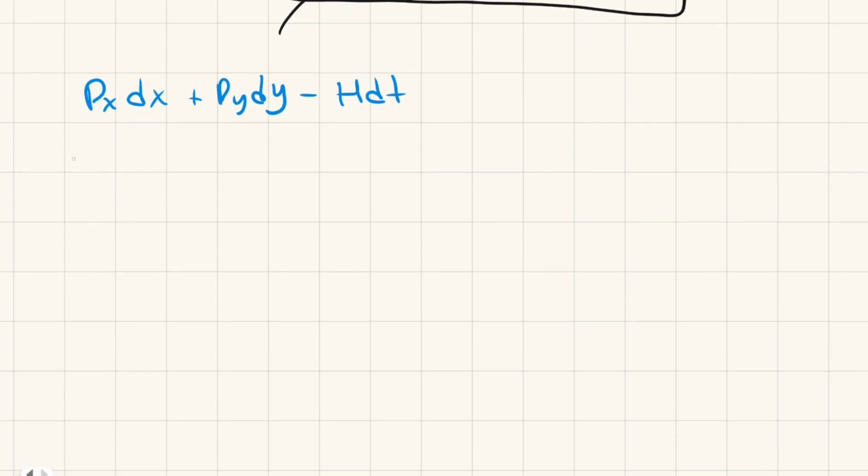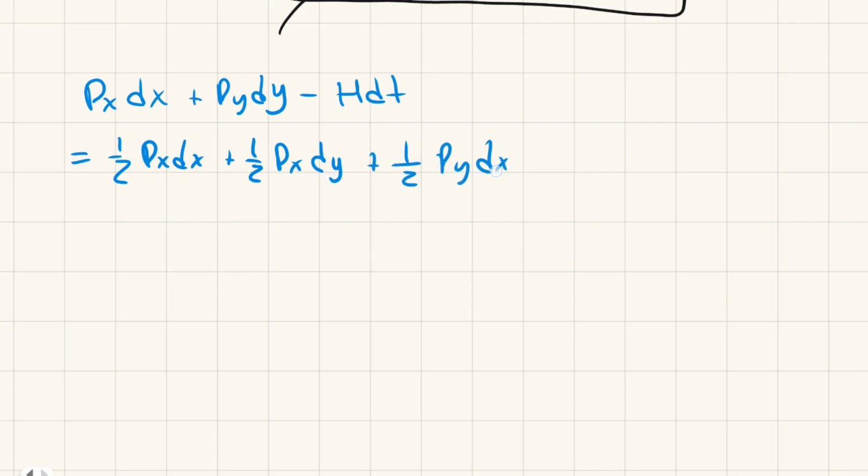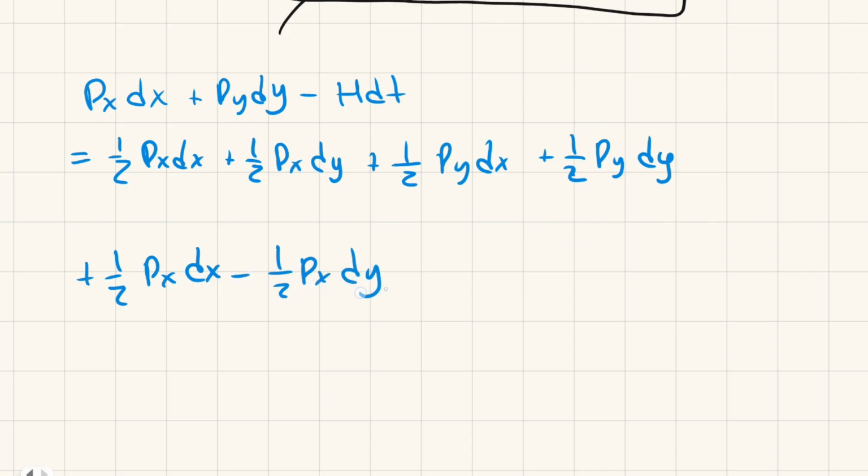But this quantity can be written as 1/2 px dx plus 1/2 px dy plus 1/2 py dx plus 1/2 py dy, plus 1/2 px dx minus 1/2 px dy minus 1/2 py dx plus 1/2 py dy.